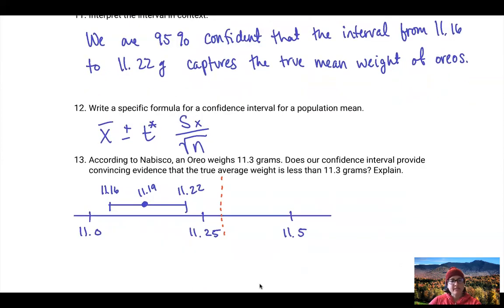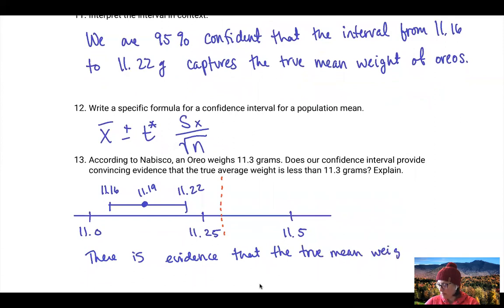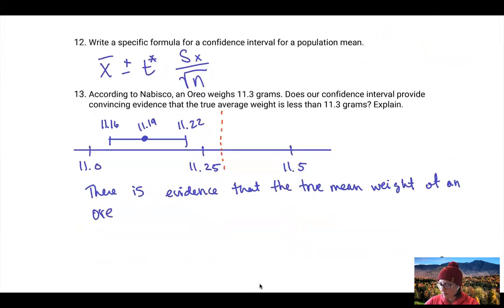So since our confidence interval does not contain 11.3 grams, we could say there is evidence that the true mean weight of an Oreo is less than 11.3 grams.